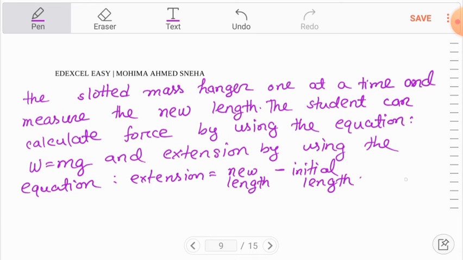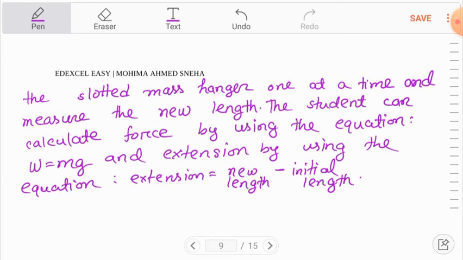Initial length. The one safety precaution that he should take is that he should always make sure that his feet are not exactly under the masses. So by any chance, if the rubber band breaks, the masses won't fall onto his feet and hurt him.